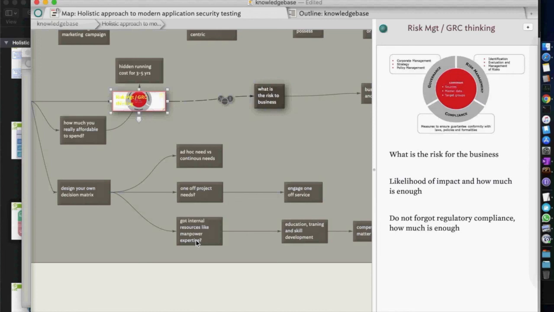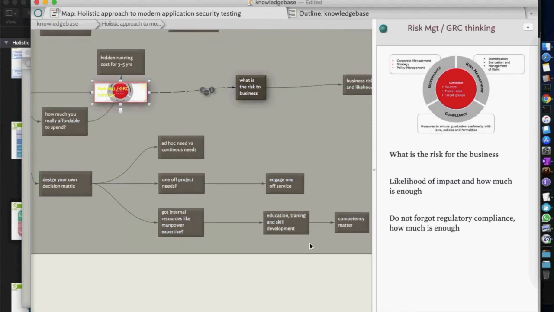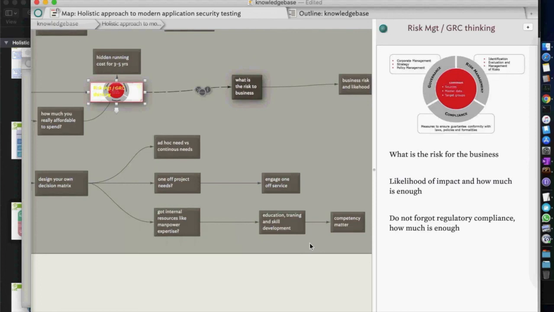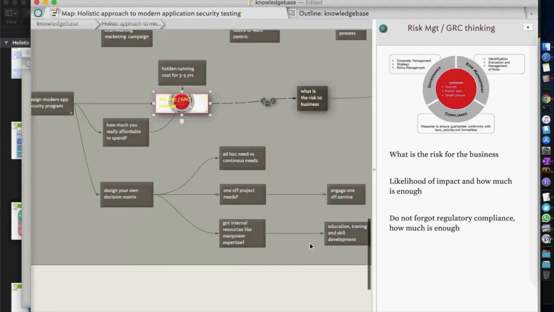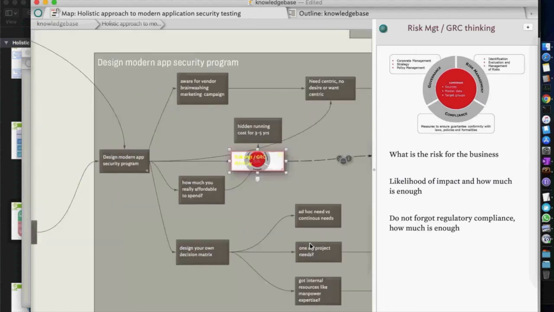I use the word correct because sometimes you use the wrong tool, doing the wrong thing, and you will not achieve anything, right? You also need to spend time on education, training, and skill development for the manpower, because competency matters.